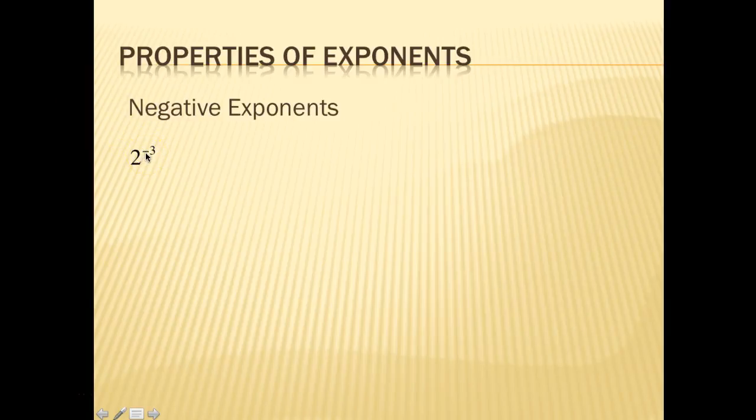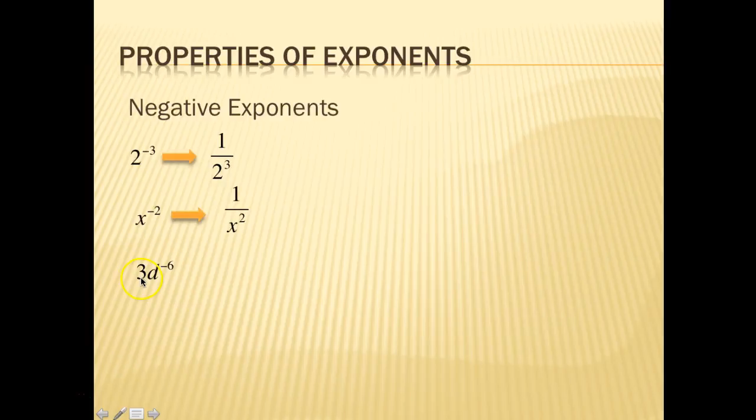So for example, right now, since it's not a fraction, this 2 to the negative third is in the numerator. So I move 2 to the third in the denominator, and I can eliminate my negative exponent. And I have this place filler of a 1 here. So x to the negative second power will be 1 over x to the second.